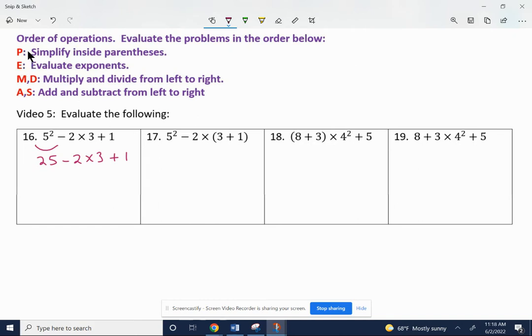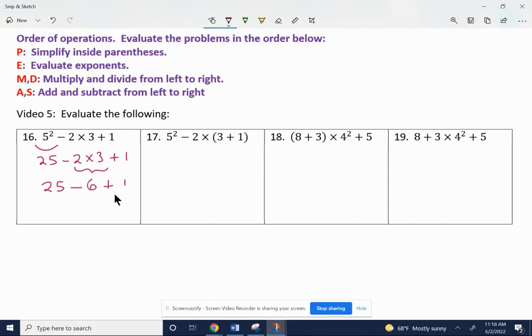So we've looked at step 1 and step 2. Step 3, look for multiply and divide from left to right. I only have one multiply or divide problem within the problem, and that's 2 times 3, and that's 6. So I'm going to bring everything down now: 25 minus 6 plus 1. The last thing you do is add and subtract from left to right.